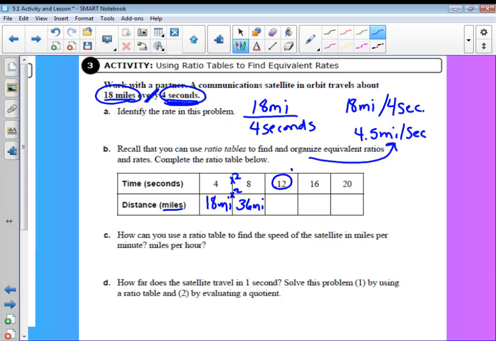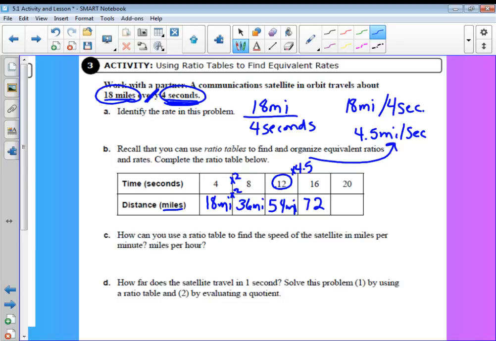So if I take 12 times 4.5, that tells me how many miles I could travel. And when I do that, it gives me 54 miles. Now I can continue using that times 4.5. So 16 times 4.5 gives me 72.